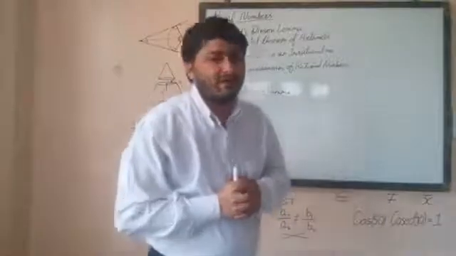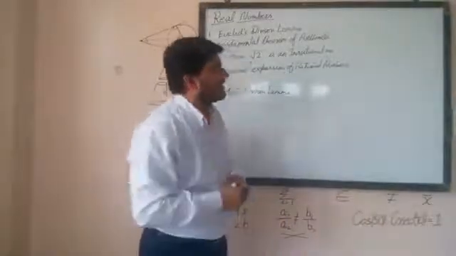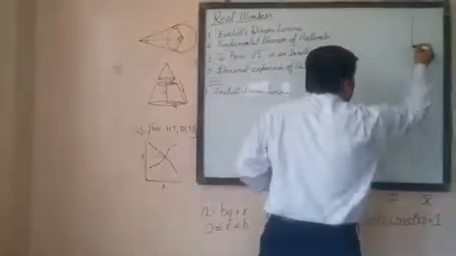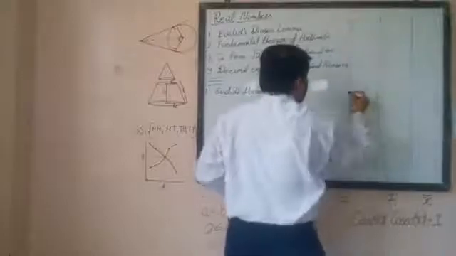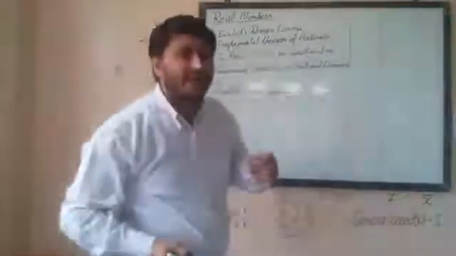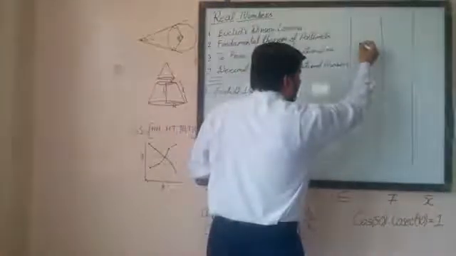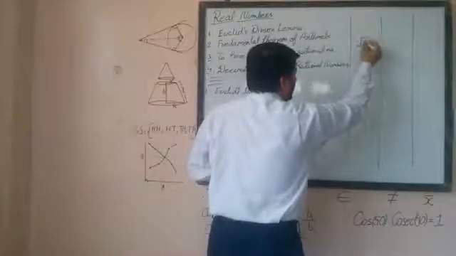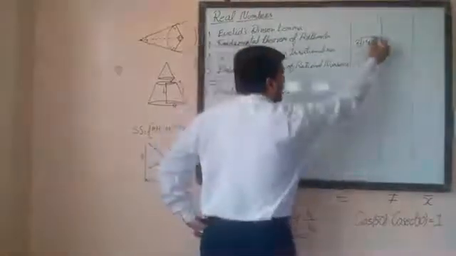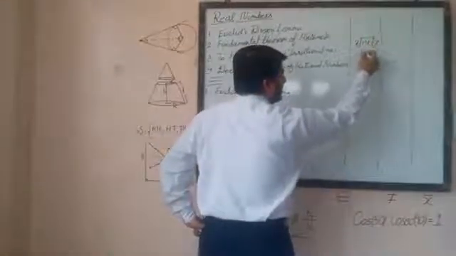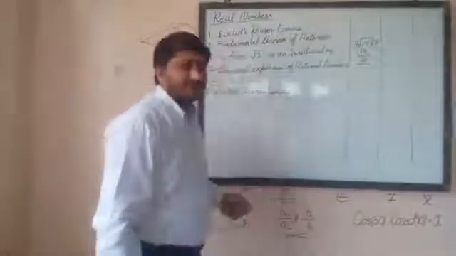Before moving to the statement of Euclid's division lemma, let us recall what we have done in our junior classes. In our junior classes, when you used to divide a number by another number, we used to write it like this. Suppose I am dividing 14 by 2. What I get is a quotient of 7 and a remainder of 0.